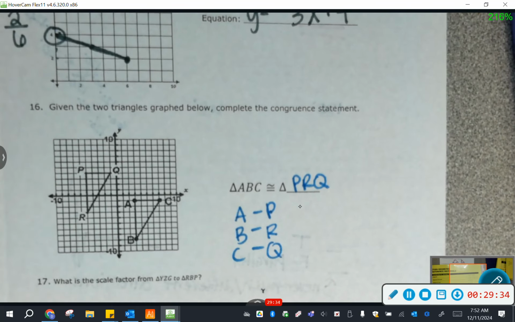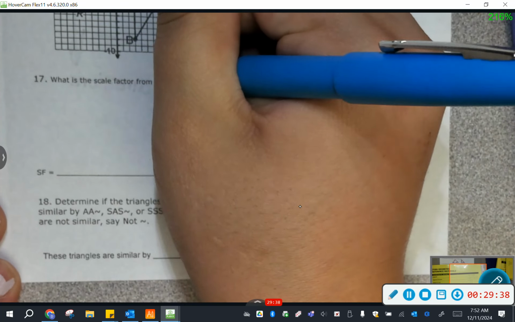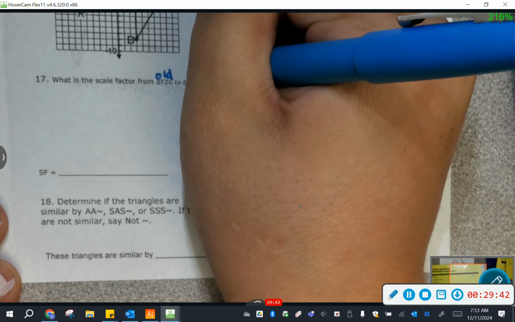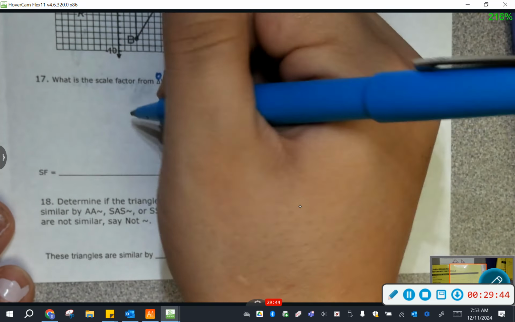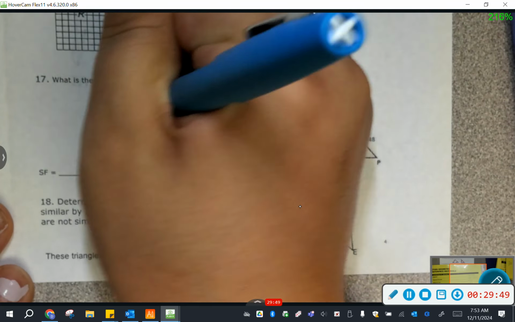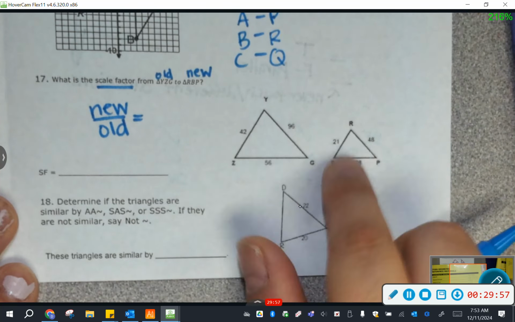And then we have a question just like we did the other. What's the scale factor from ZG, my old, to RBP, my new? Scale factor is new over old. It does not matter which one. So my new is RPB. Which number do y'all want to choose from this triangle?